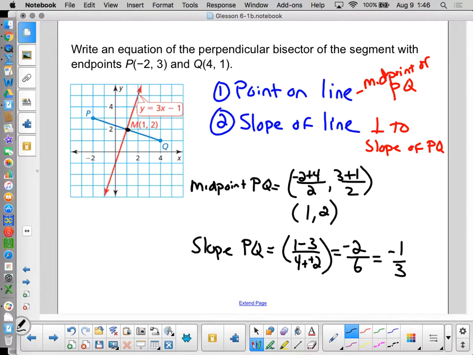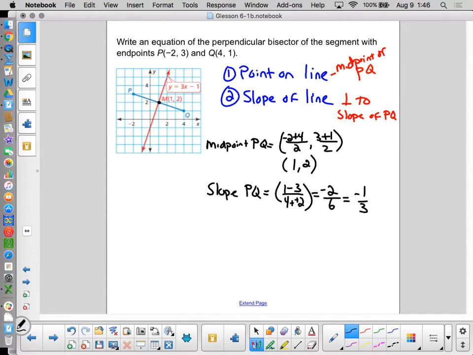But I don't put that into my equation because I want a perpendicular line, so the perpendicular slope is going to be the reciprocal of the -1/3 and the opposite sign. So 3 over 1 positive, or 3.